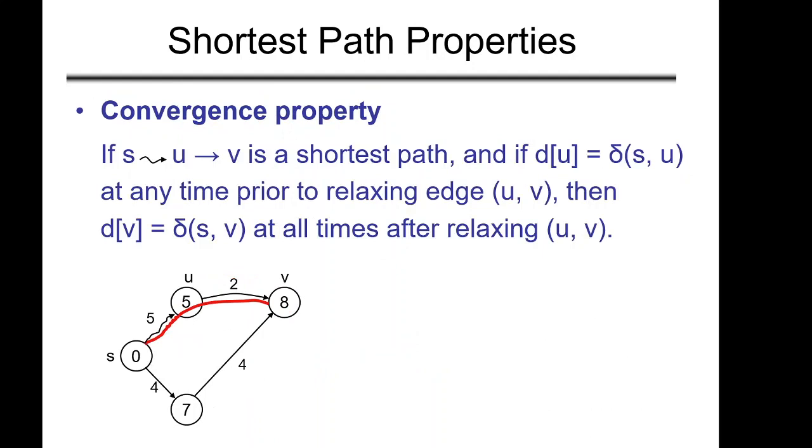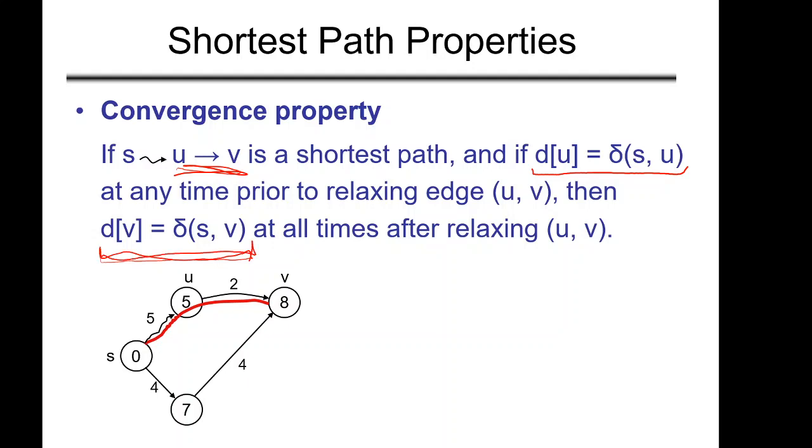The second property is the convergence property, which says that if S to U and U to V is a shortest path, and if D of U already contains the value of the shortest path weight at any time prior to relaxing this edge UV, then after relaxation D of V is equal to the shortest path weight of SV.